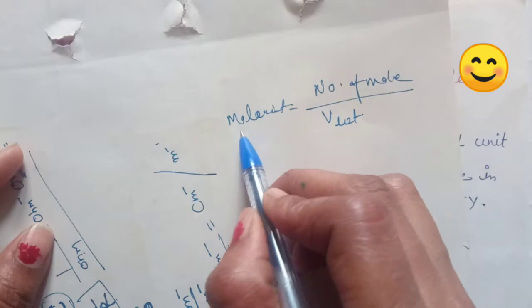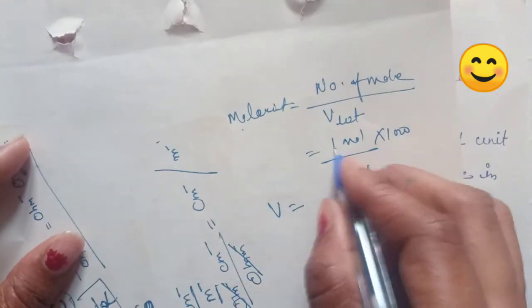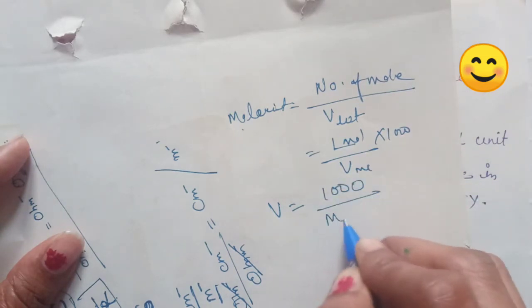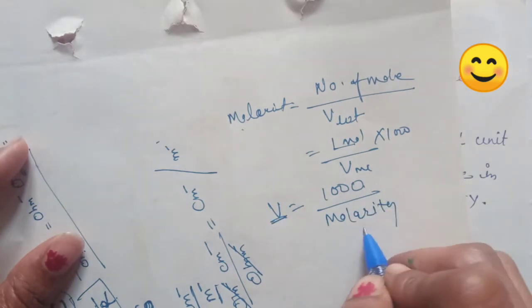Here 1 M means 1 mole is present in V mL of solution, and mL means 1000 is multiplied here. So V is equal to 1000 upon molarity.